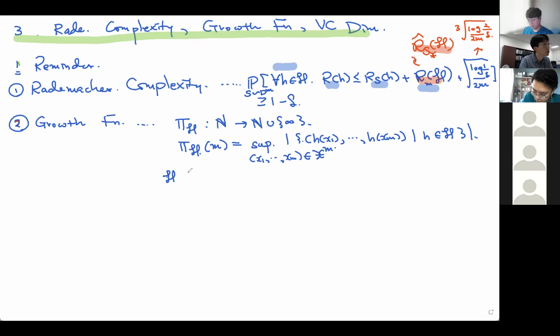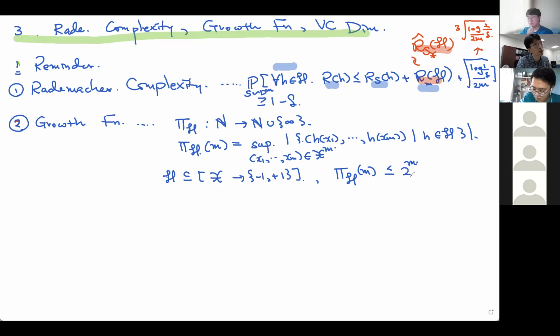So H is a mapping from input to output, which is just -1 and +1. +1 is classified as positive, -1 as negative, and so on. In that case, one easy thing you can see from this definition is that the growth function is bounded. It always returns a natural number that is bounded by 2 to the m.